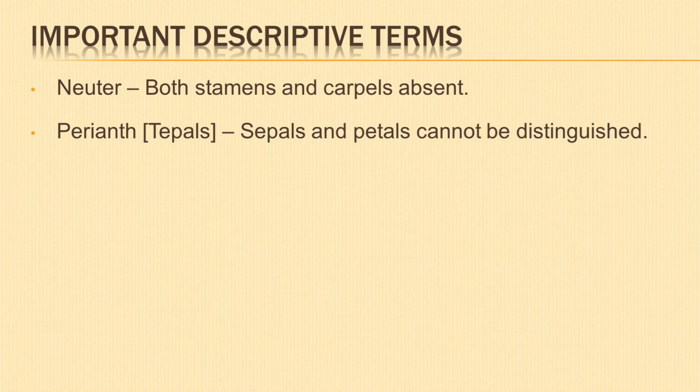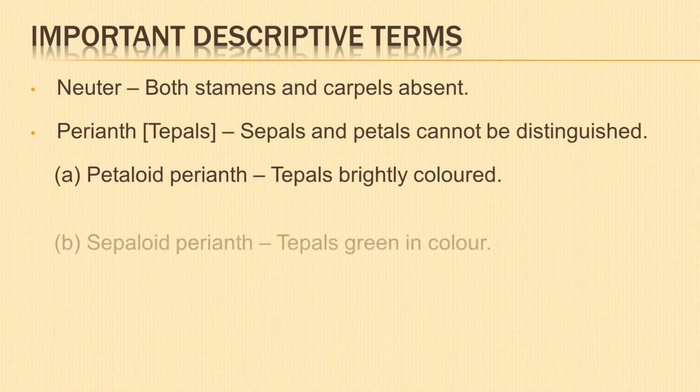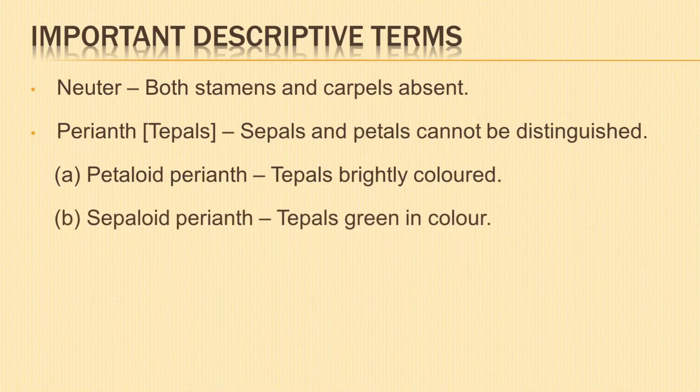It protects the essential whorls of flower in bud condition. Petaloid perianth, that is, the tepals are brightly colored, helps in attracting insects for pollination, while sepaloid perianth, which are green in color, performs photosynthesis.